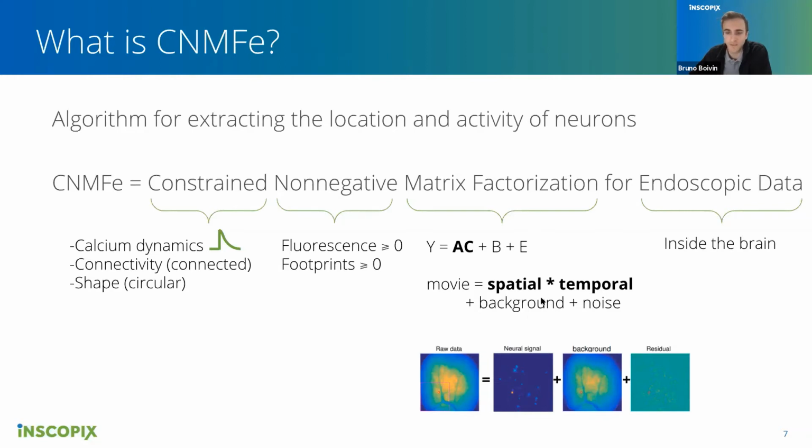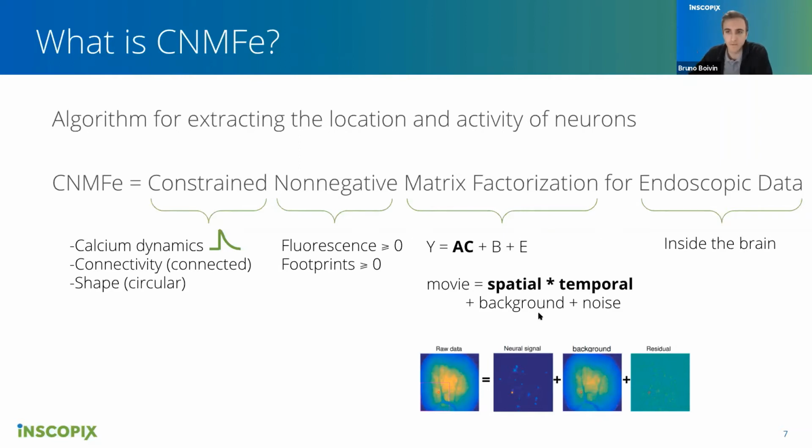The idea in CNMFE is that you want to reconstruct the neural activity in your movie by multiplying two matrices, one that encodes the spatial information, the location of all your cells, and one that encodes the temporal information, the activity of all your cells over time. Multiplying those together recreates the neural activity you're observing in the movie.